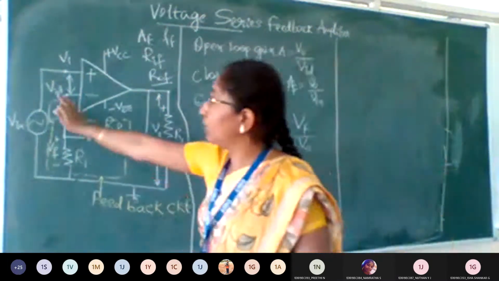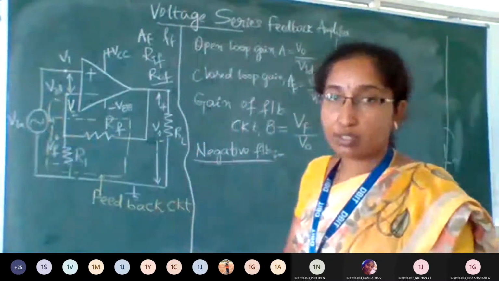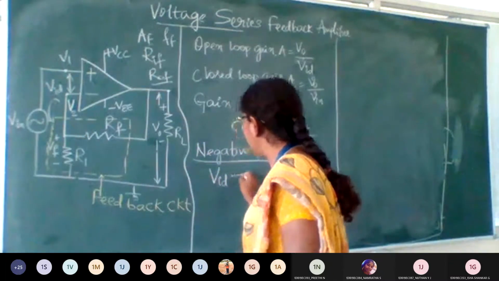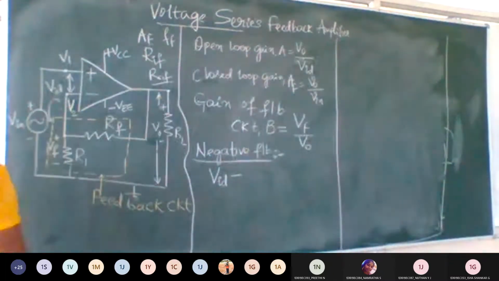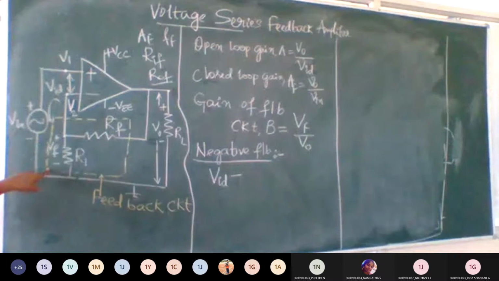Just apply KVL towards the input side. What is the expression? It is VID minus, just imagine your positive and negative. You're moving through this loop, VID, from positive to negative, minus V in, and then you're going from negative to positive.